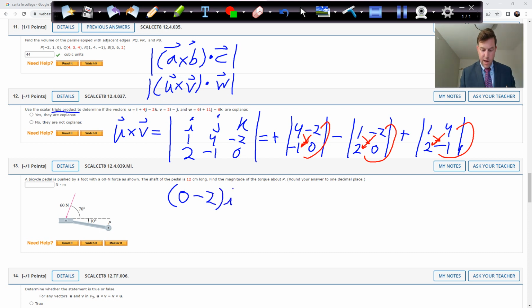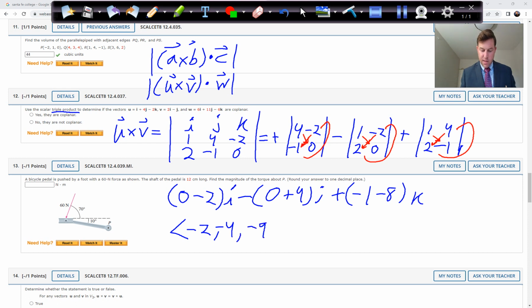In the I direction, minus 1 times 0 is 0, minus minus 2 times 2, so plus 4 in the J, and then plus minus 1 minus 8 in the K. So we get negative 2, comma, oops, minus 4 from that, minus 9 in the K.